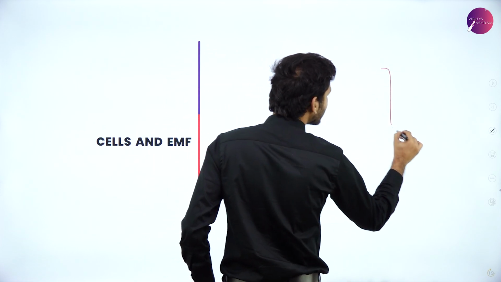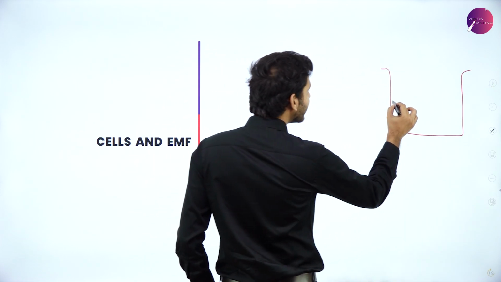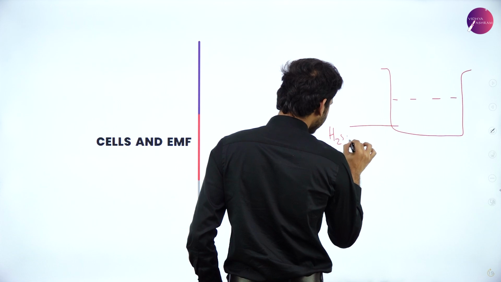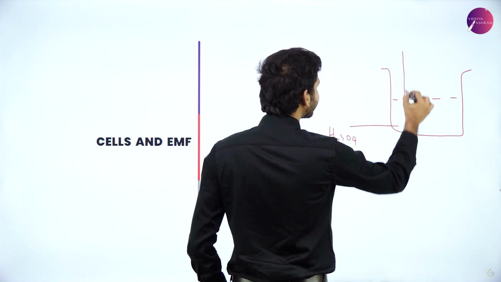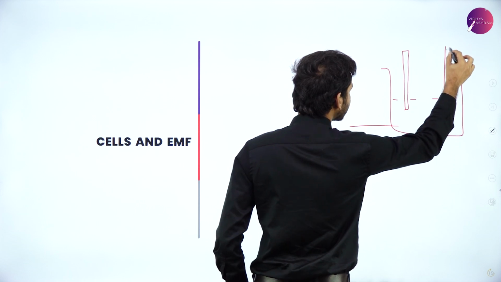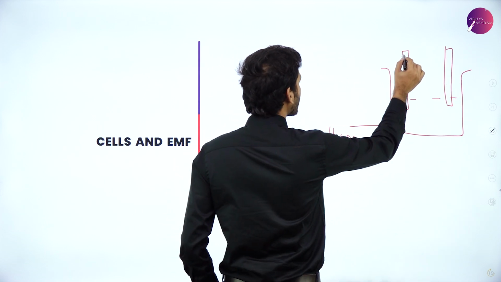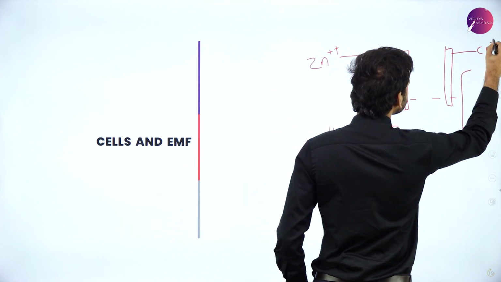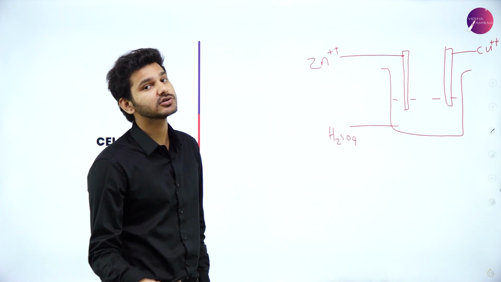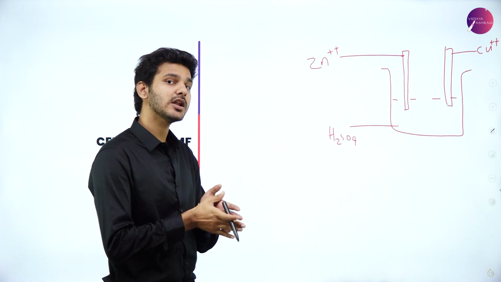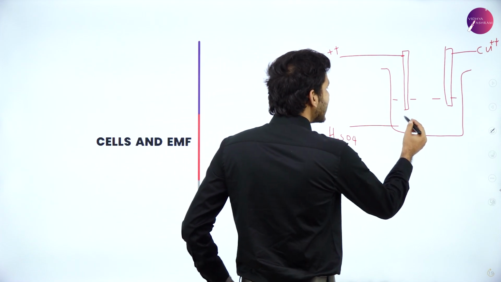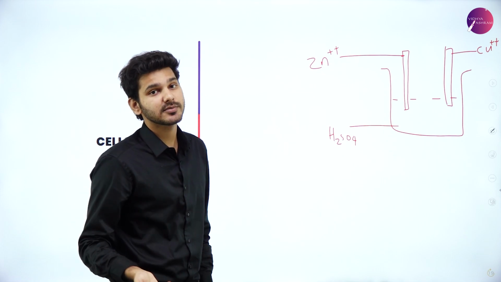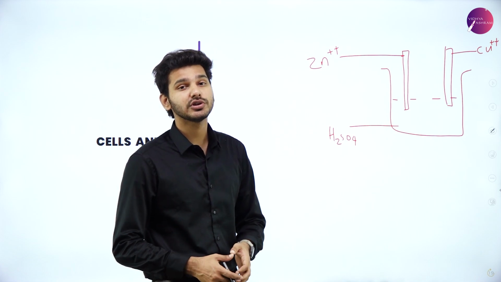That is, if you have a beaker, let's say this is a beaker filled with H2SO4 solution, and if I keep two electrodes, one being zinc and the other being copper, then obviously there will be an exchange of ions inside this solution, because you have seen this in electrochemistry also. This setup is also used for electroplating.